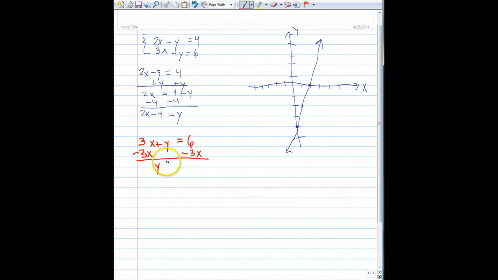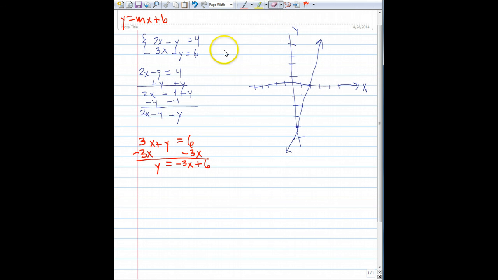So we have y is equal to negative 3x plus 6. I put the x term first because remember we're working towards y is equal to mx plus b, slope-intercept form.